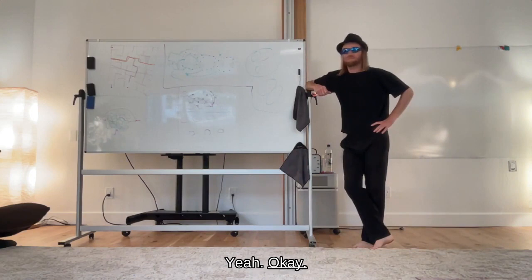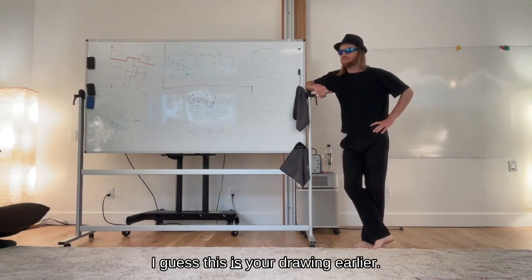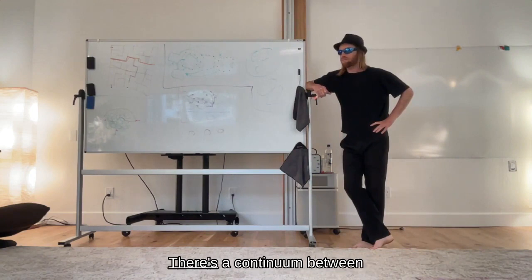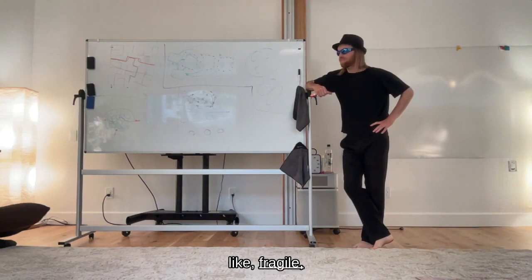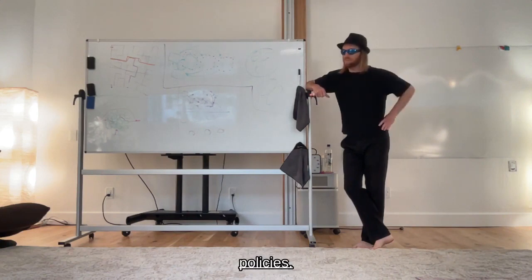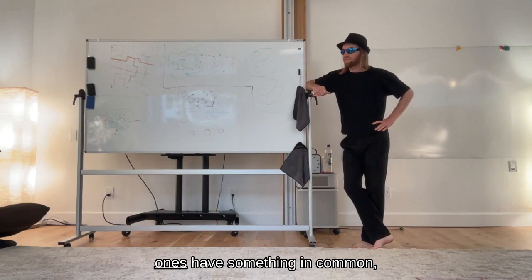Okay. And I guess this is your drawing from earlier: there's a continuum between simple reflexes, which are fragile, memorized policies, and general, flexible, compressed policies. And the general ones have something in common, which is that they are searchy.